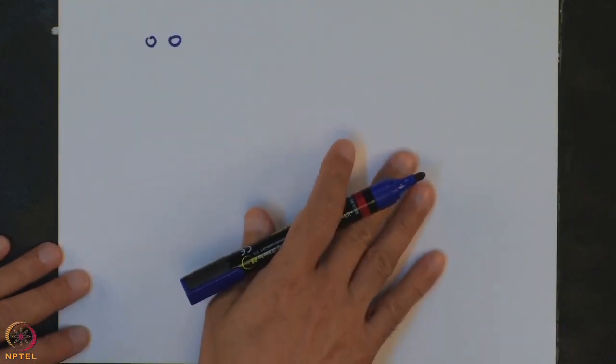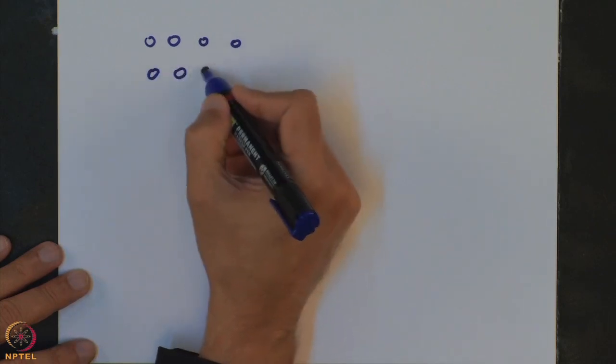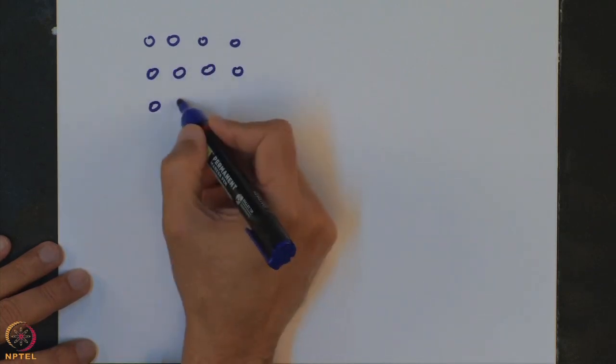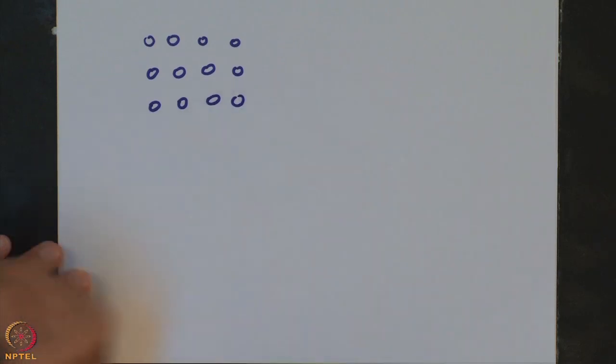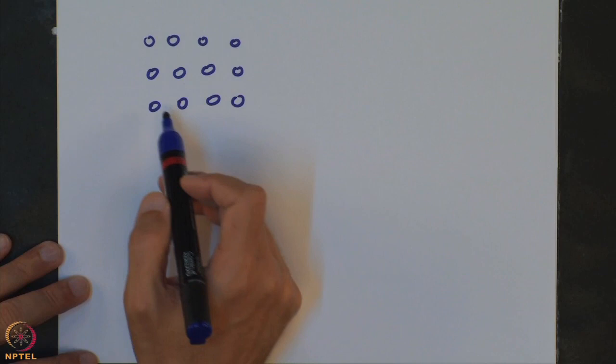and they form a crystal structure. Now, we know how these various atoms are arranged, as you can see, in space, occupying very fixed locations and a pattern which is repeating.